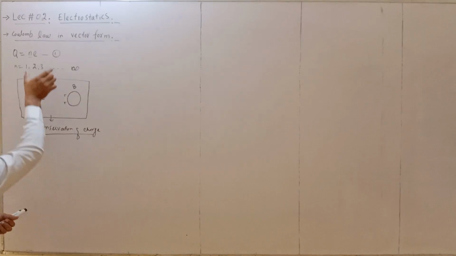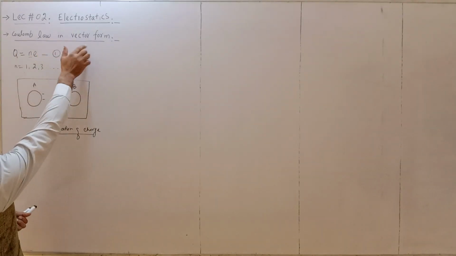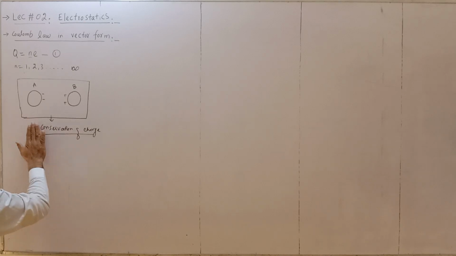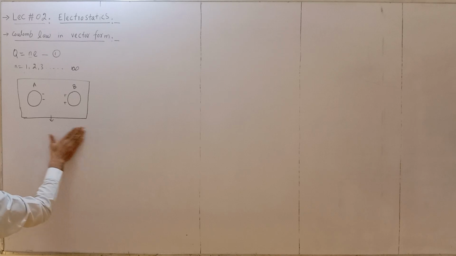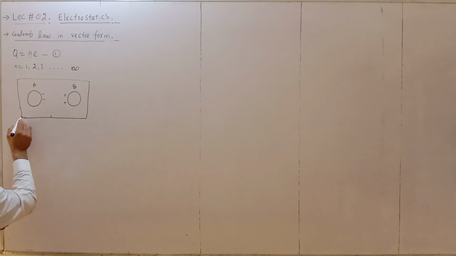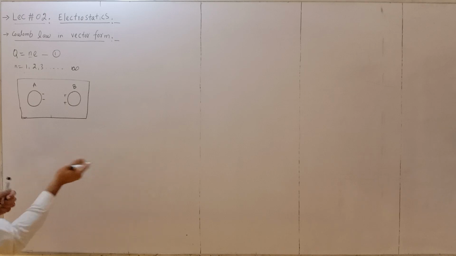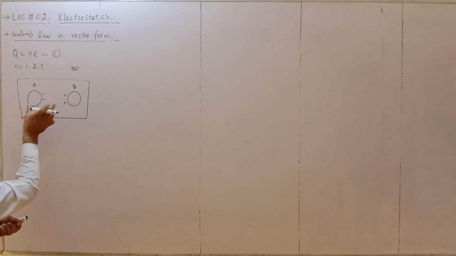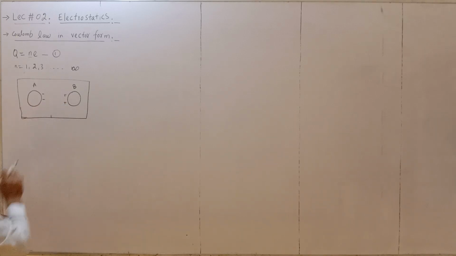Now we move toward Coulomb's law in vector form. In the previous lecture we discussed Coulomb's law in magnitude form, but here, inshallah, I will show how Coulomb's law can be calculated if I take the force and the radial distance between their centers in vector form.